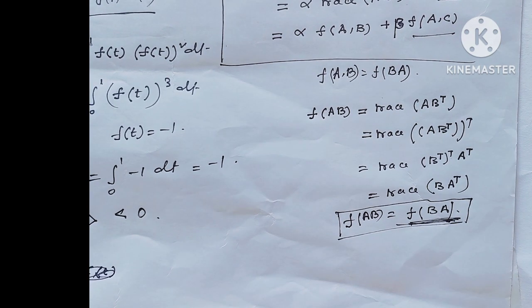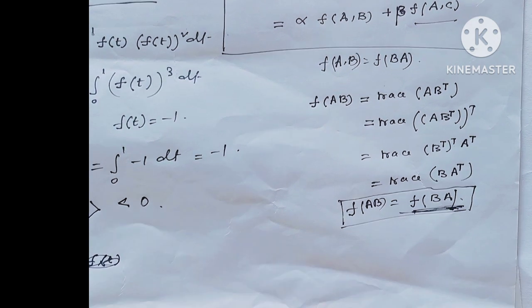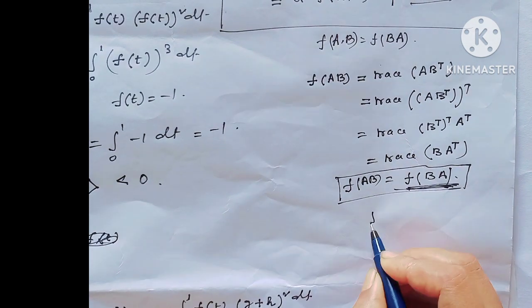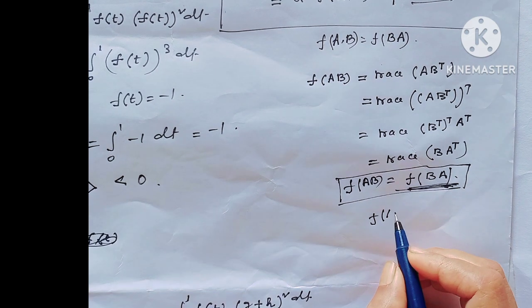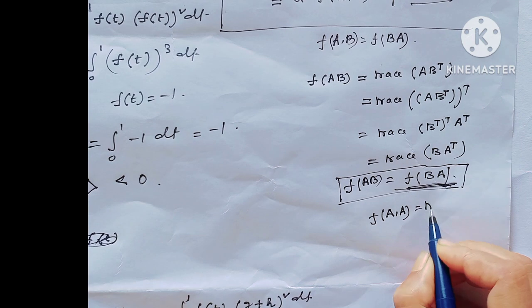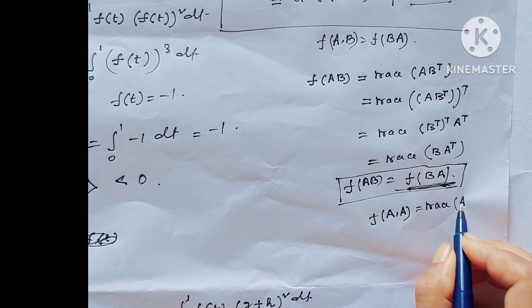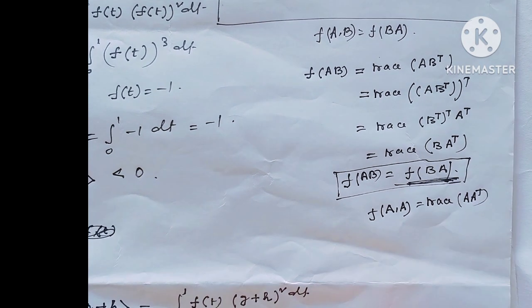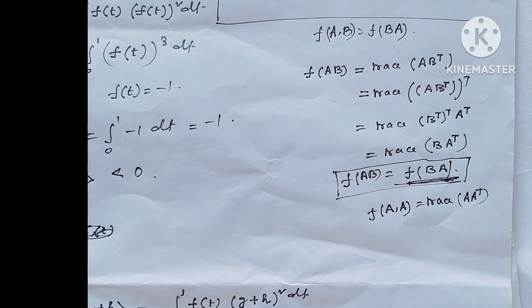The symmetric property of this function is satisfied. Third, positive definiteness. The inner product of A with itself, that means f of A comma A, is equal to trace of A A transpose.